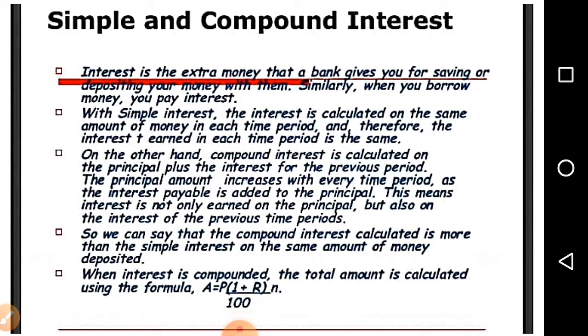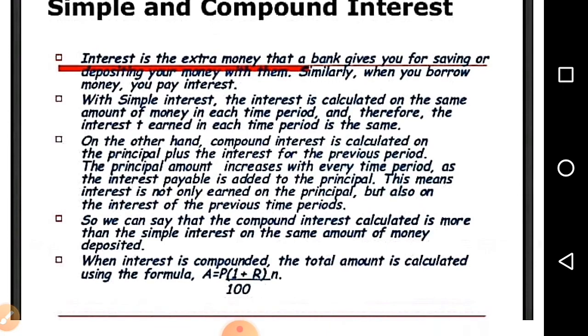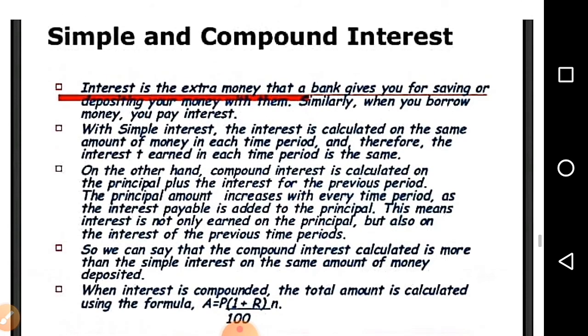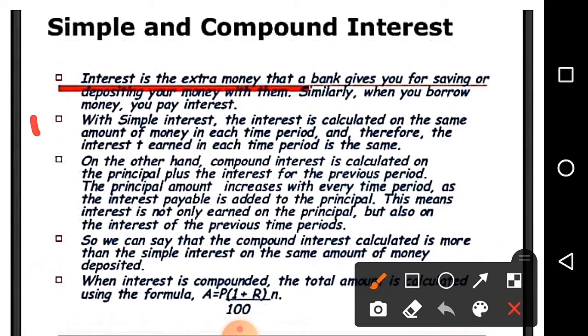With simple interest, the interest is calculated on the same amount of money in each time period, and therefore the interest earned in each time period is the same. There are two types of interest, simple and compound. In simple interest the total interest is calculated all together.